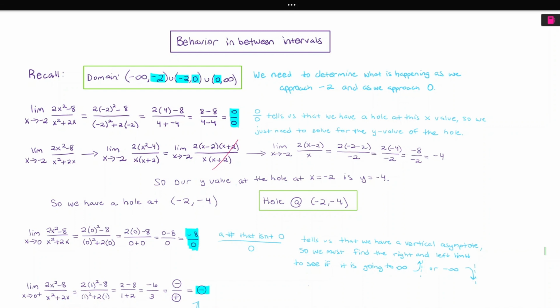If we cross out that hole and we plug in negative 2, we're going to get negative 4, which tells us that our y value at the hole at x equals negative 2 is y equals negative 4. Because that's what we get when we cross out that hole, so that's what our y value would be there. But crossing out this x plus 2 over x plus 2 tells us that there was a hole there.